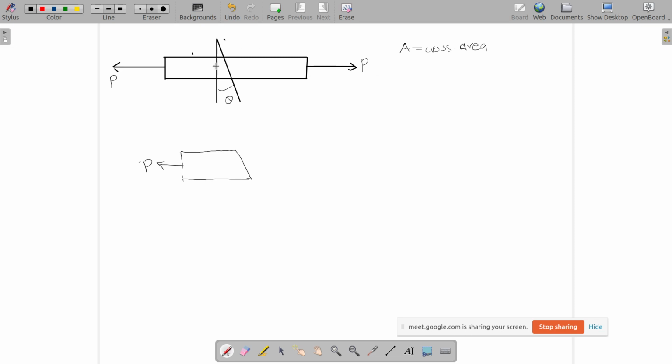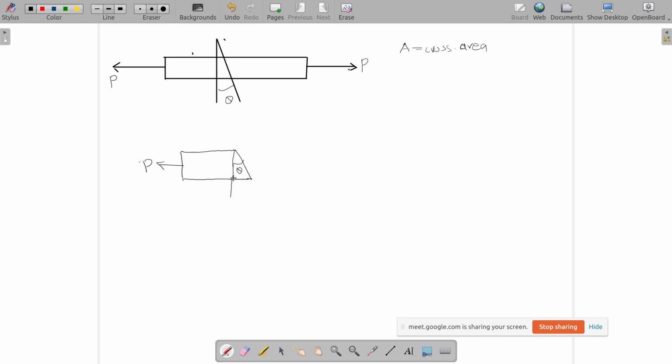If A is the cross sectional area of the bar, what will be the area of this cut section? This angle is theta.